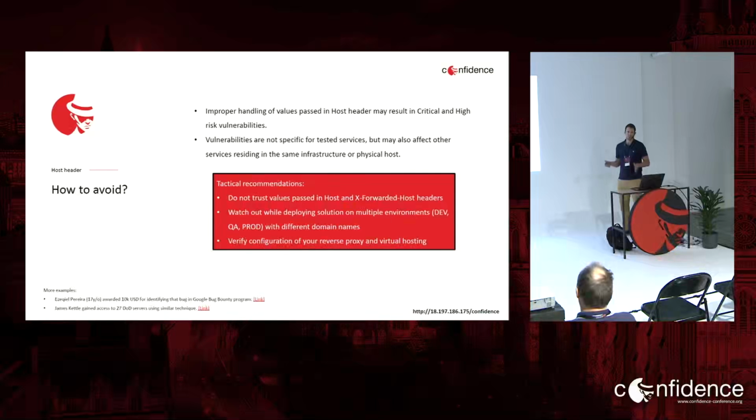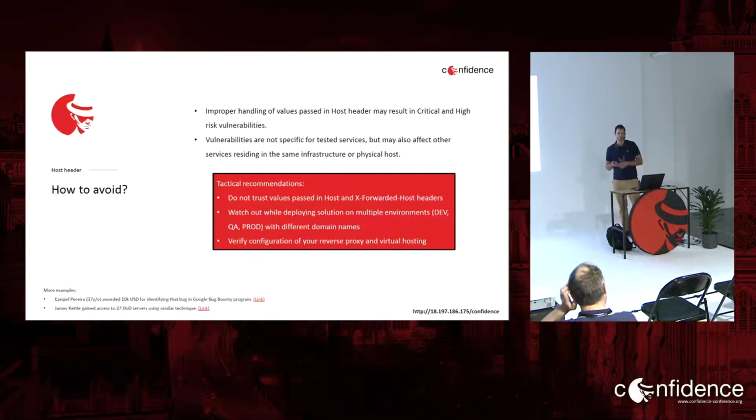So just to sum up this first chapter about these host header issues. Obviously, you need to remember that all of the data which is passed in HTTP headers might be spoofed by the attacker. So you shouldn't trust any value which is passed in the host header or any other headers.